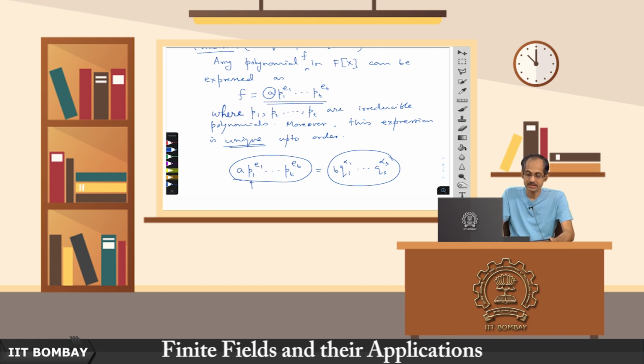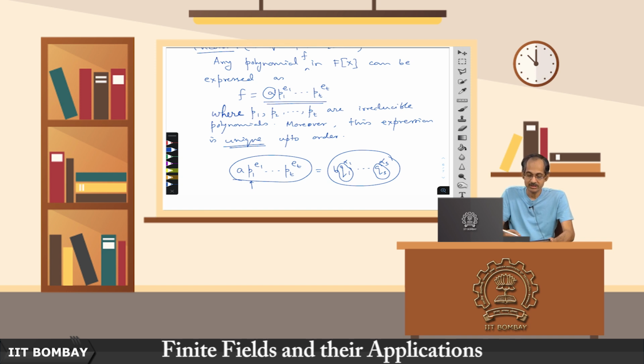Now, if p1 divides the right hand side, then because p1 is an irreducible polynomial, it must divide one of the factors, and so one of these irreducible polynomials must be p1.